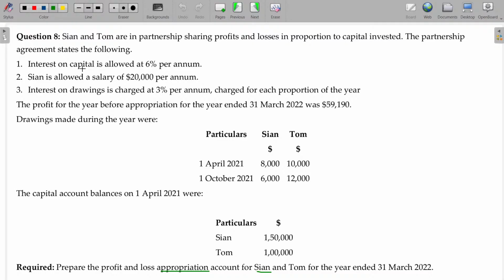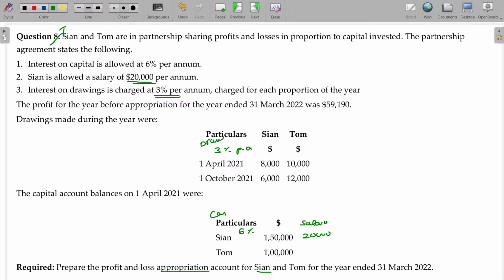Now, in this question, interest on capital is allowed at the rate of 6%. This is drawings, and this is capital for interest on capital at 6%. Sian is allowed a salary of 20,000 rupees. Interest on drawings is charged at the rate of 3% per annum.